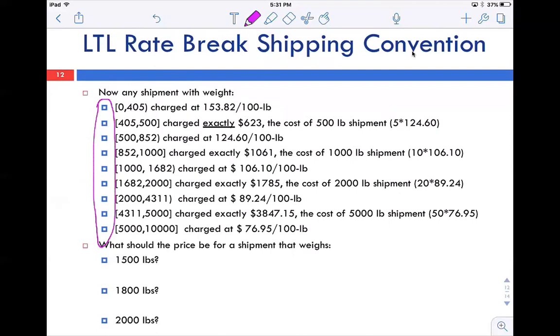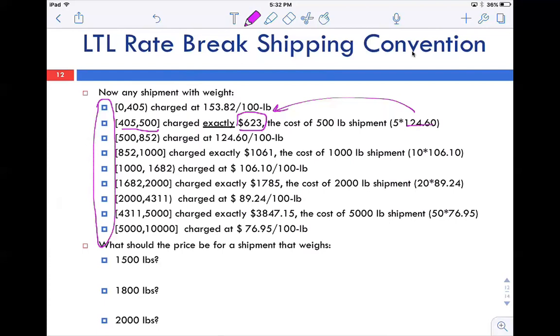But if it is between 405 and 500 pounds, then it's going to be charged exactly $623. That's because the next interval's lowest cost is going to be 500 pounds times its rate right over here. And this is how we calculate it.